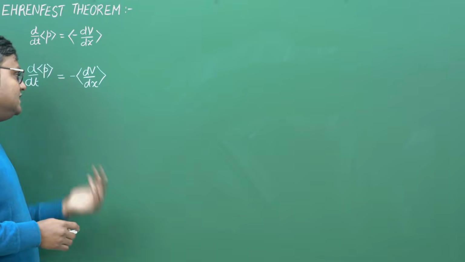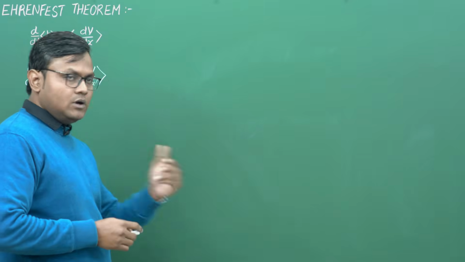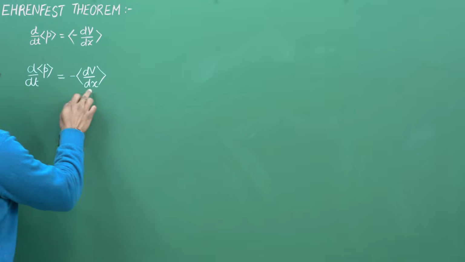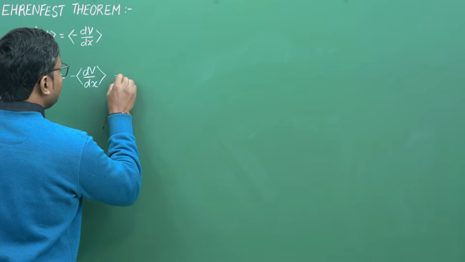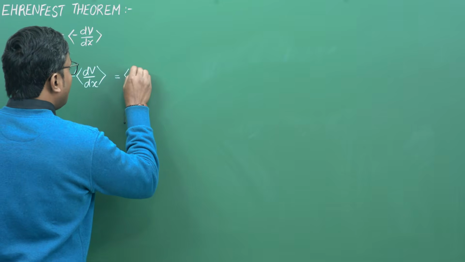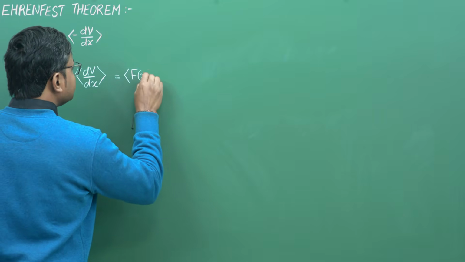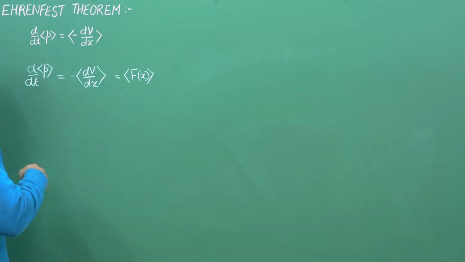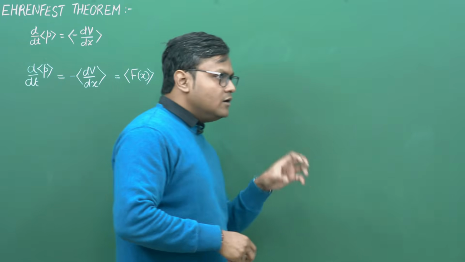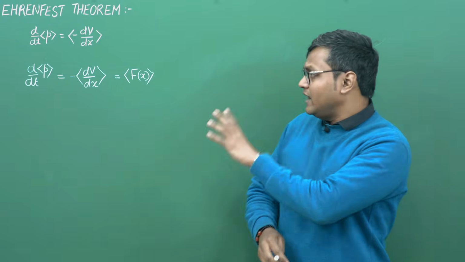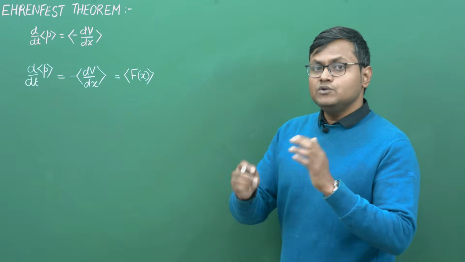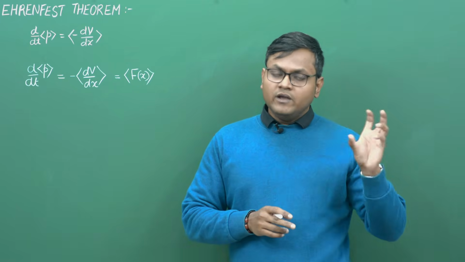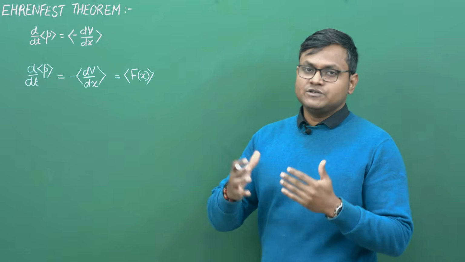So I can write it as dV upon dx for an object moving in 1D. So what is this? This is nothing but the expectation value of the force experienced by the particle. So this is the Ehrenfest theorem, and we have derived the Ehrenfest theorem using nothing but the Schrodinger equation and the definitions of expectation values.